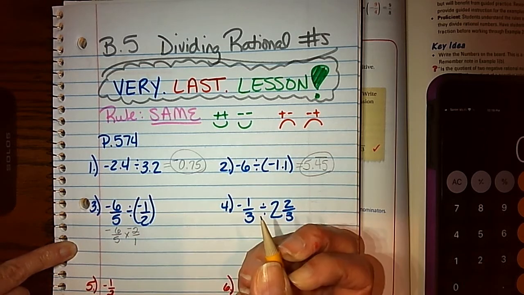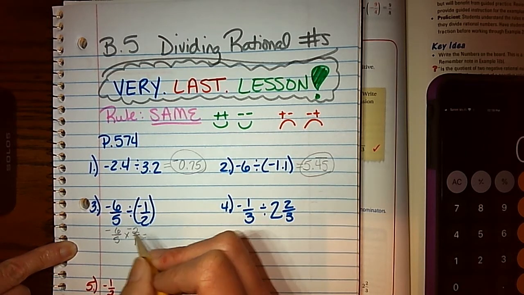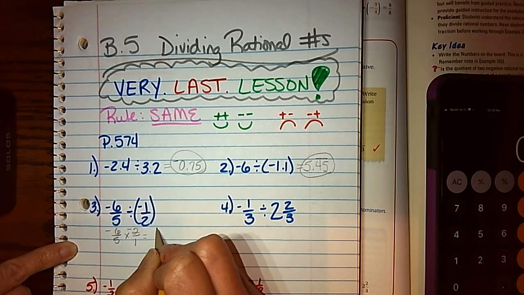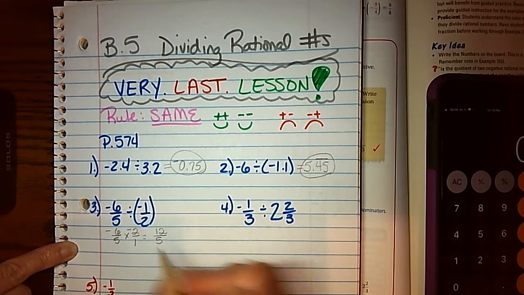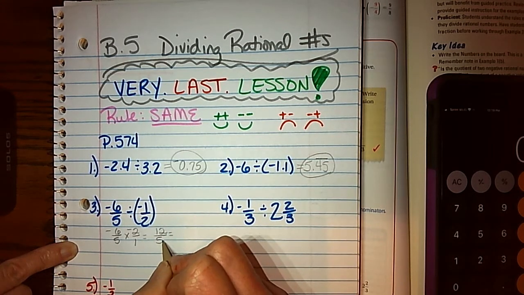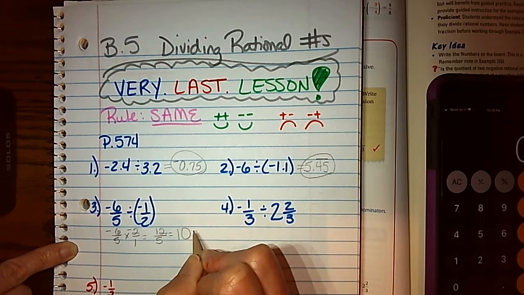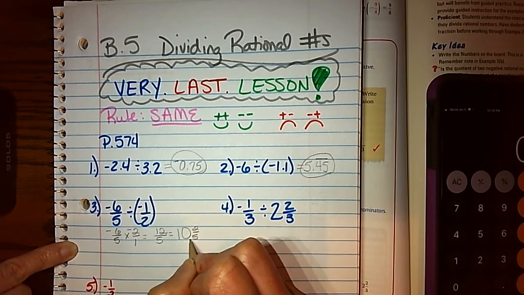Since they're both negative, I know my answer is going to be a positive. So cross cancel, nope. So 6 times 2 is 12 over 5. Remember my answer is positive. And then turn that into a mixed number. 5 can go into 12 two times with 2 left over.